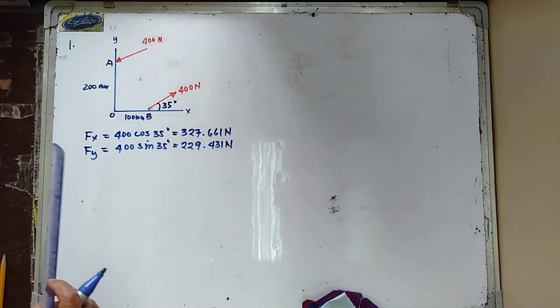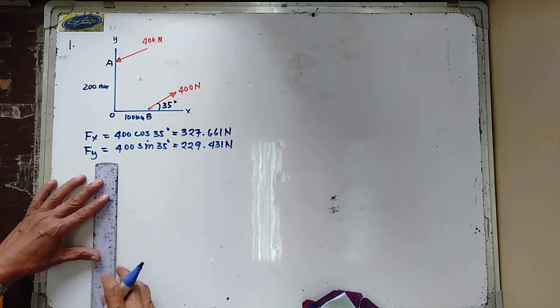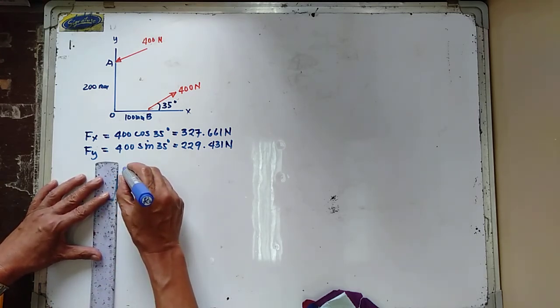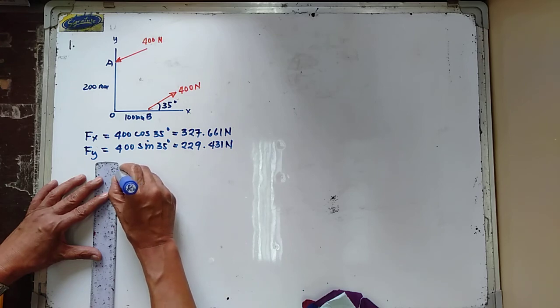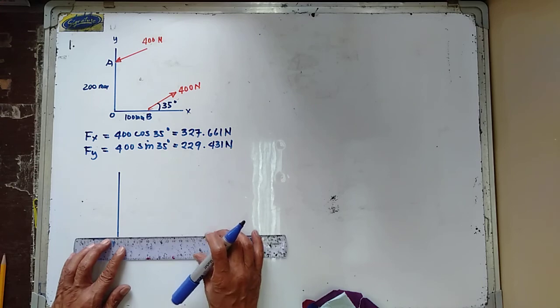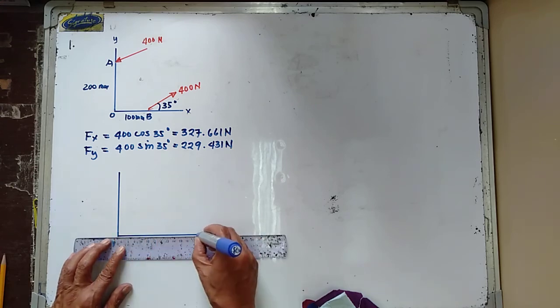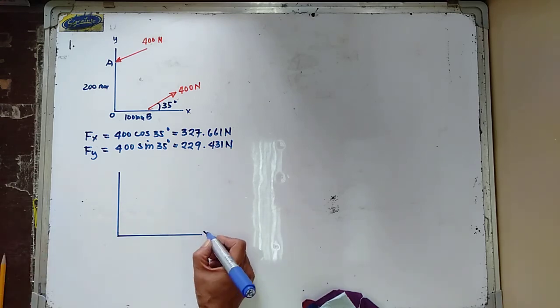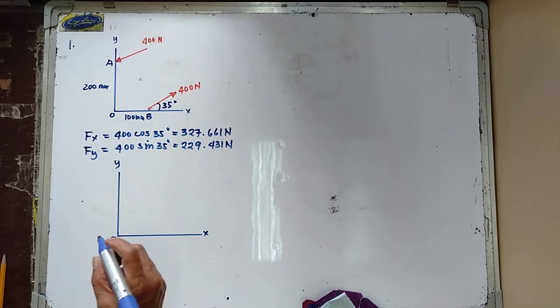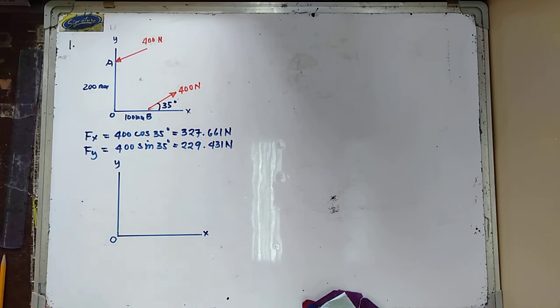Now, let us consider the components of the couple. So this is the x-axis, this is the y-axis, and this is the origin of the coordinate system.